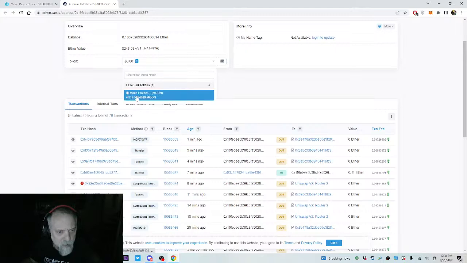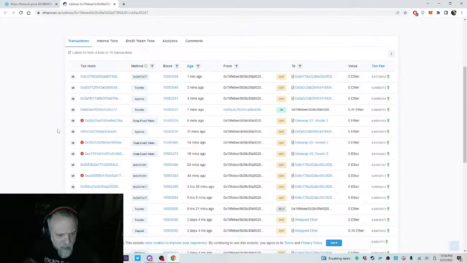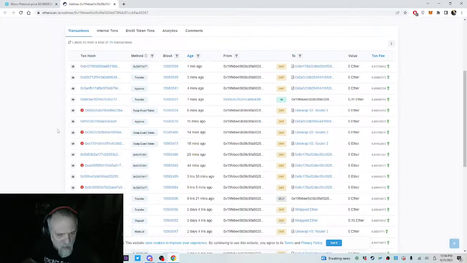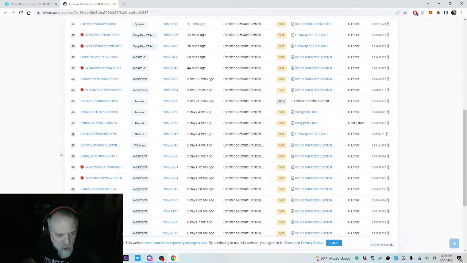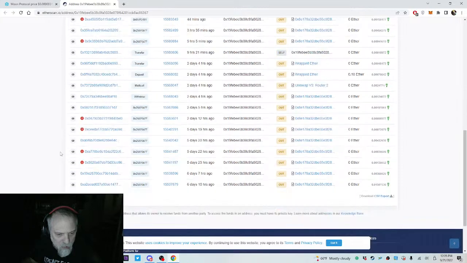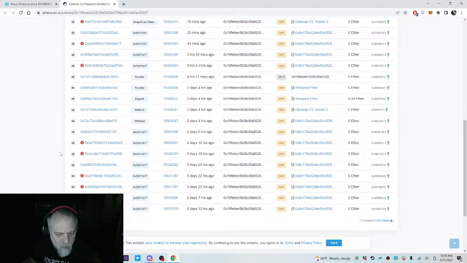But it's, oh, you know what? Moon Protocol. I wonder if we go back, because we know that this contract, and we go back and we look, this bot is set up just for the Moon Protocol contracts, because you can tell that it's been running for multiple days, and you can see all the transactions on each one of those days.